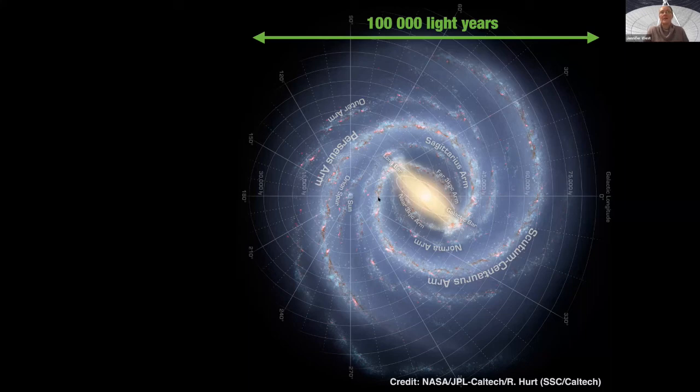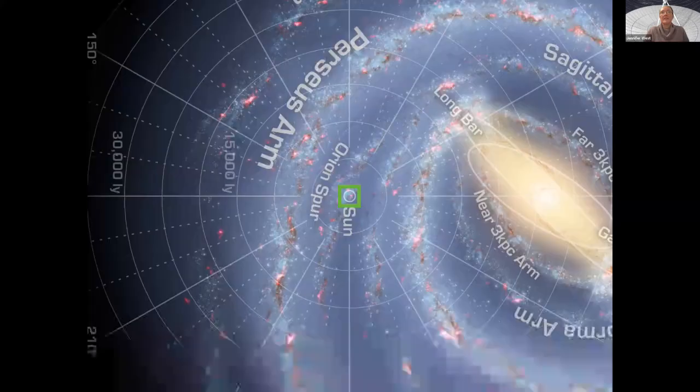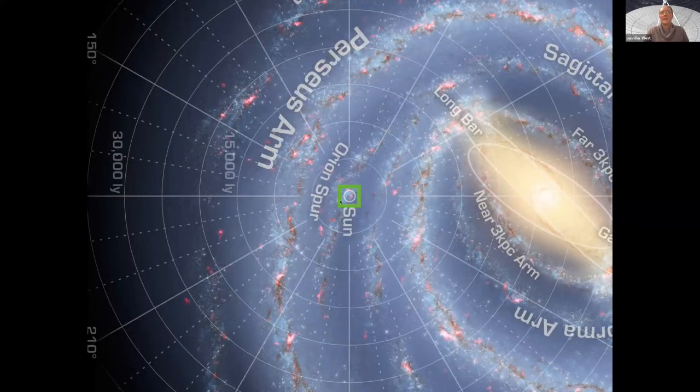The galactic center is about 30,000, maybe 20,000 light years from us. And our sun here in the middle, this little green box here is about the size of that dust box that I was showing you. So it's pretty close by. This is local stuff, even though it's 1,000 light years. So 1,000 light years is the distance that light can travel.